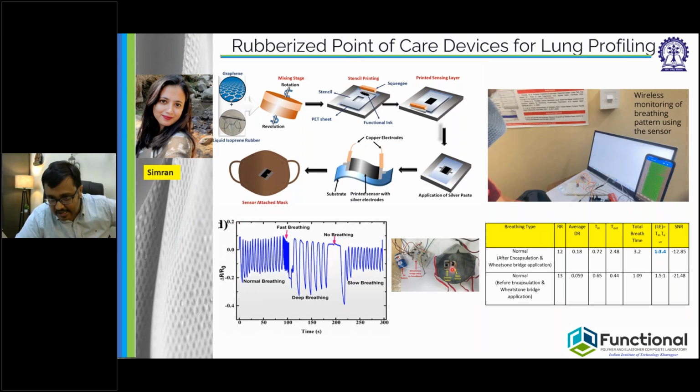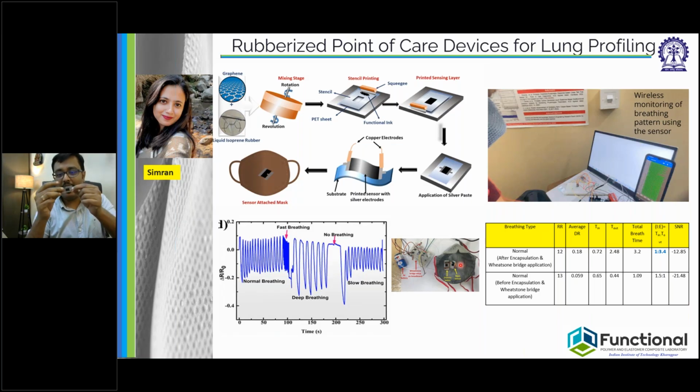As you can see here, this is the mask, and this particular sensor which I was showing is attached here. This sensor is very sensitive, in the sense that it works as a strain sensor. When you breathe in and breathe out while wearing a mask, you are generating air pressure and there is the slightest disturbance.